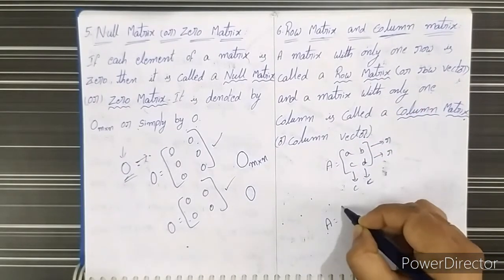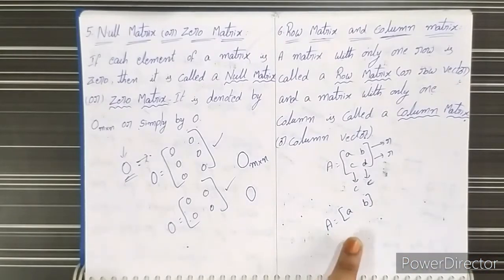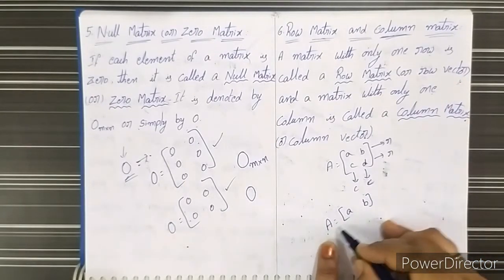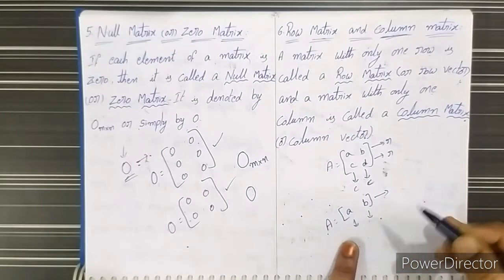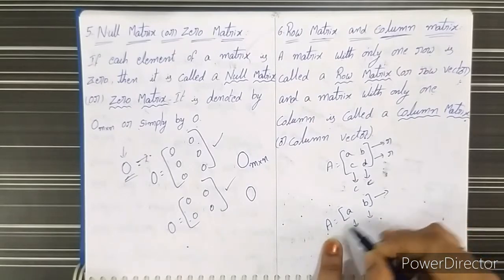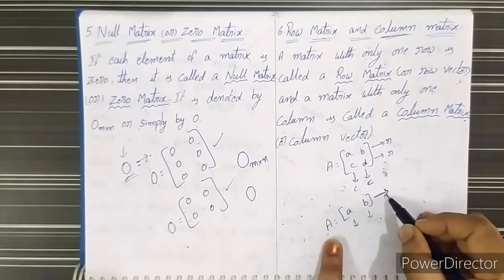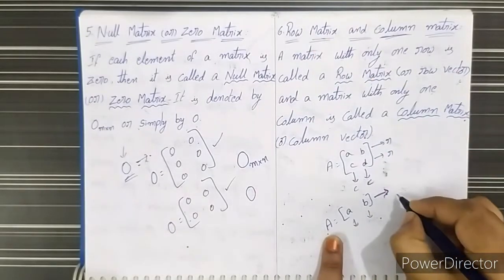That means A equal to [a b]. This is a row matrix because A has a single row, one row, two columns. Columns do not matter if a matrix has one row. This is called a row matrix.